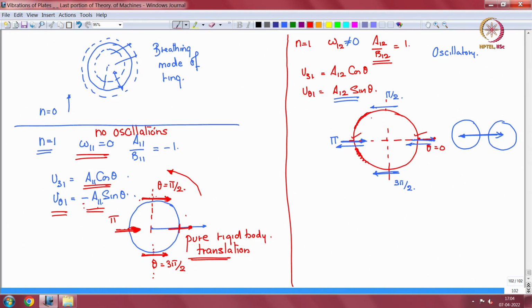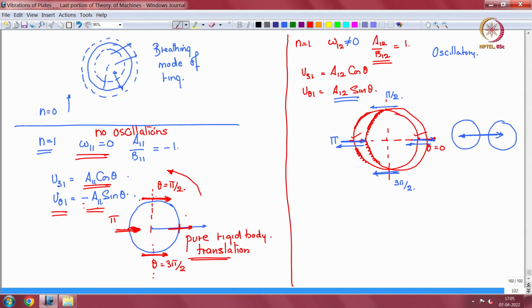I will show you in the animation. As the ring moves forward in this direction, the torsional points are accumulating over here.